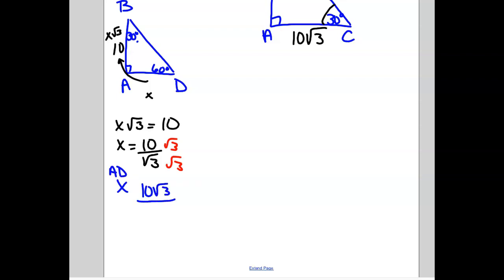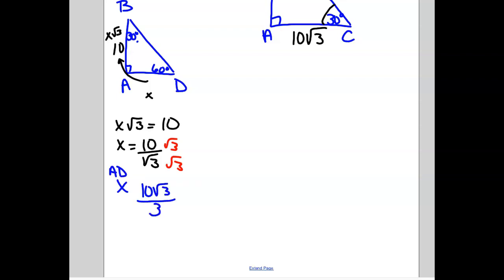So we can say that x root 3 is 10, dividing out the root 3, and then rationalizing that, we end up with side AD here, which we've labeled x, being 10 root 3 divided by 3.